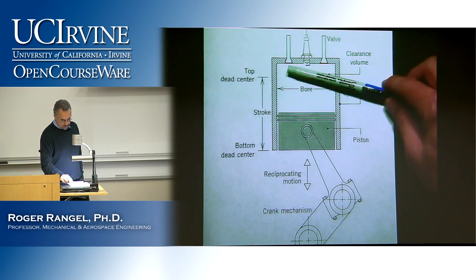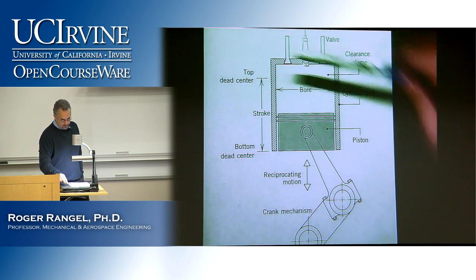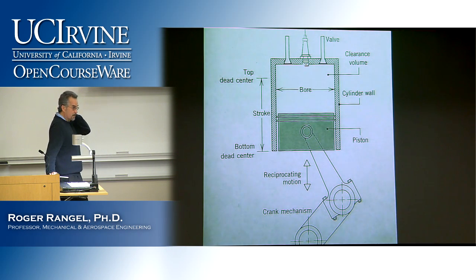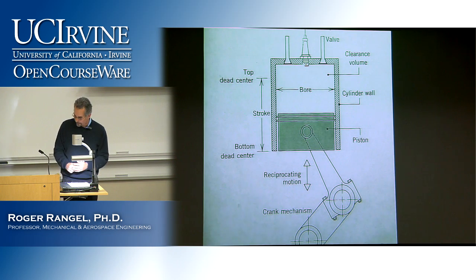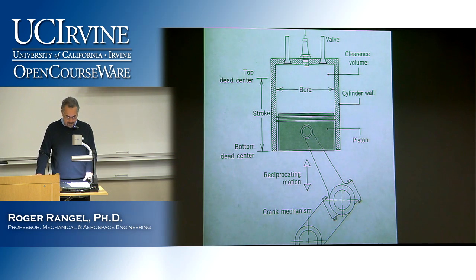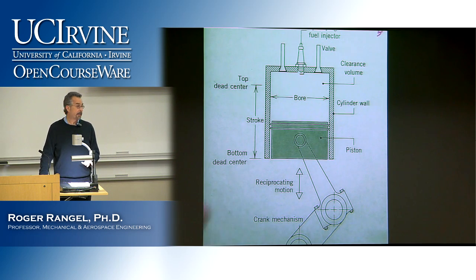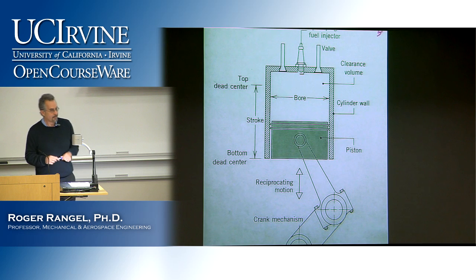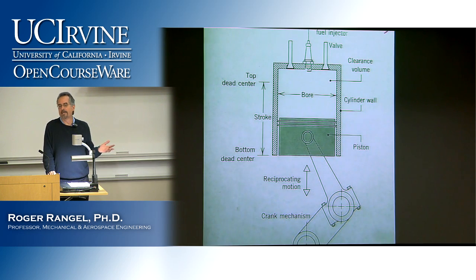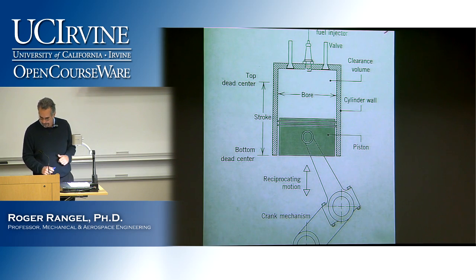And then of course the combustion products need to be exhausted through the exhaust valve. So that's another example. It's a completely different device from what we saw earlier in the power plant, but still, as you will see later, is governed by the same thermodynamic principles.